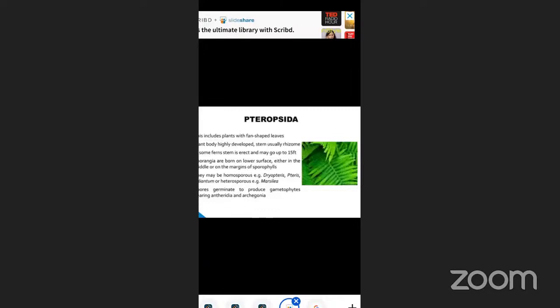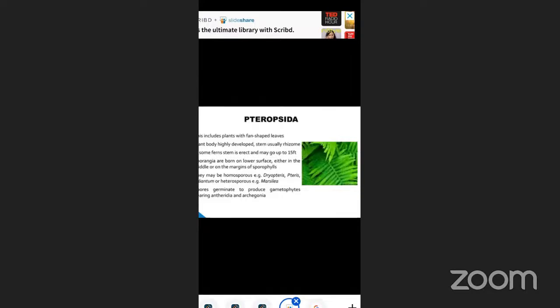Tomorrow we discuss the type studies. Type studies means they are coming in the essay: Lycopodium, Selaginella, Xylotum, Equisetum. These four we can discuss in the next class.